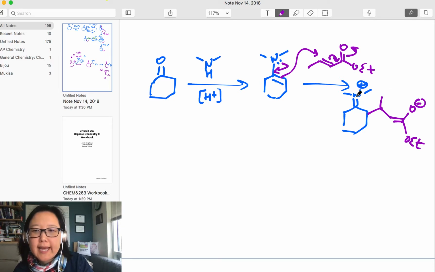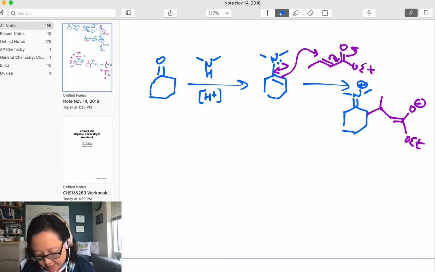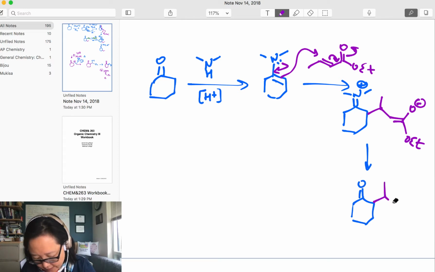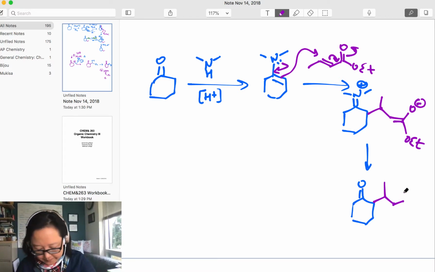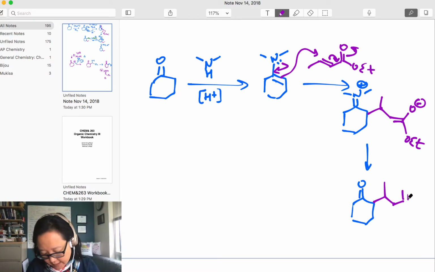To neutralize that, I would have acid and water. That would attack here and eventually hydrolyze that. So eventually I'll get this, and then this side over here will get neutralized and then convert back to its keto form. So on this side I would end up with the ester.